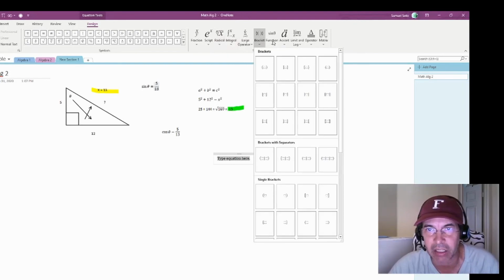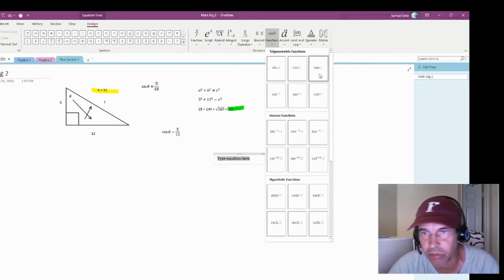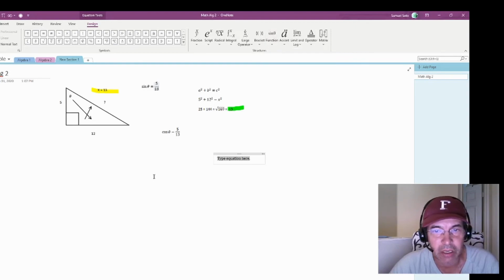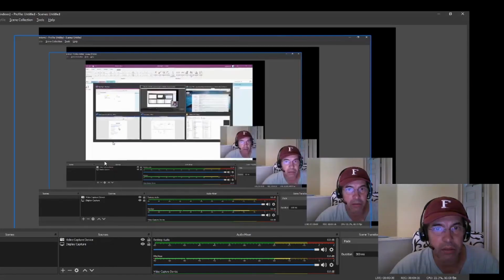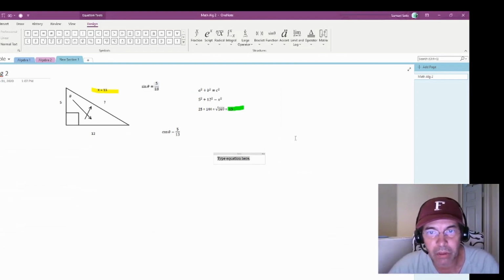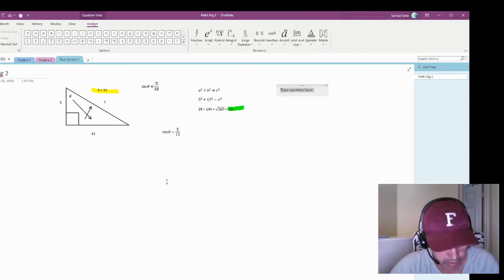You could do brackets, sine functions, which we could have done this way as well. You can do accents, limits, operators, matrices. Anything with math really is a cool feature. And of course, that is your math with OneNote. Hopefully this helps.